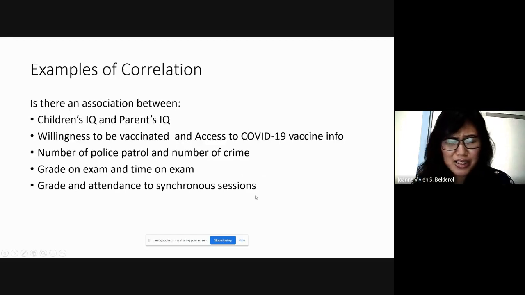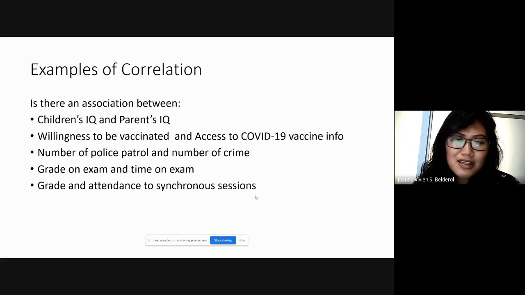Let's look at some examples of correlation. Some questions on correlation would be: is there an association or relationship between a child's IQ and the parent's IQ? Second, is there a relationship between the willingness of people to be vaccinated and access to COVID-19 vaccine info?